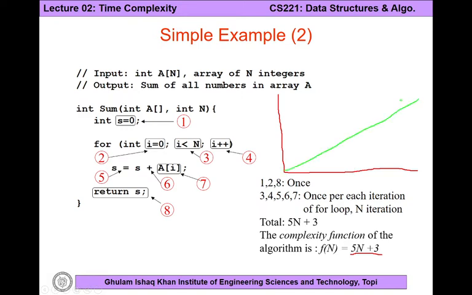So this green line shows the bound of this particular piece of code. Bound on what? Bound or limitation on what? That is the number of steps, right?